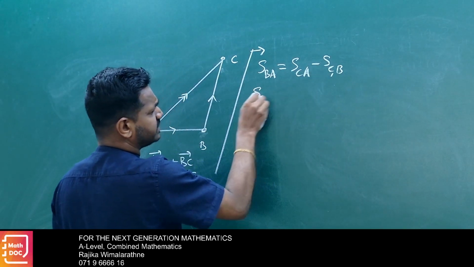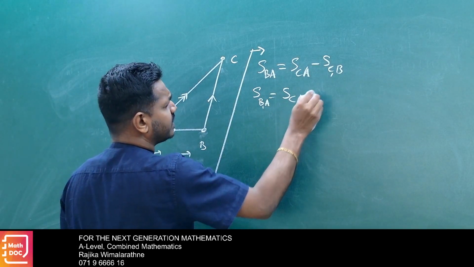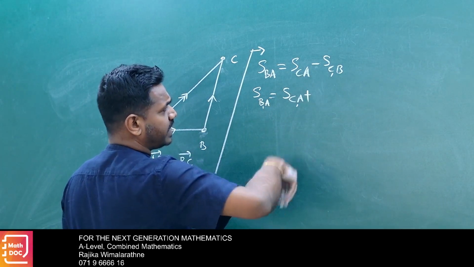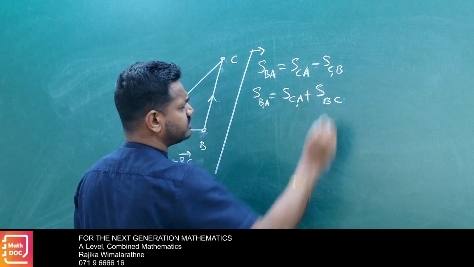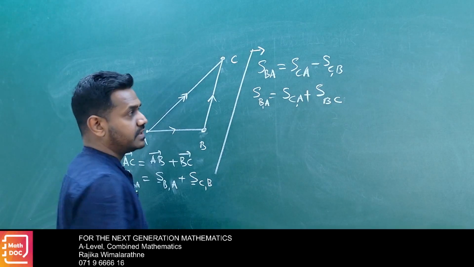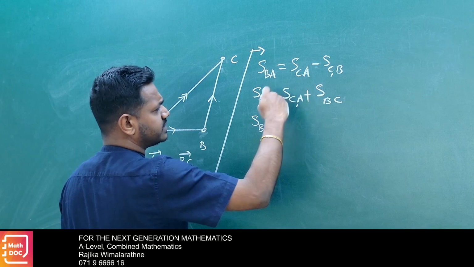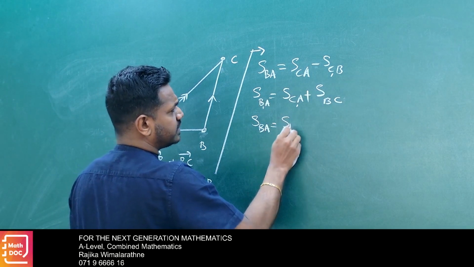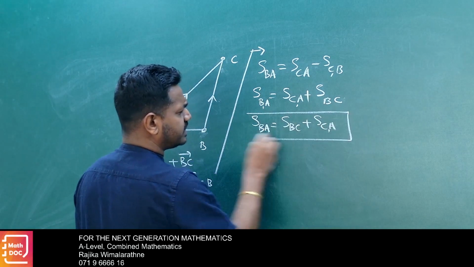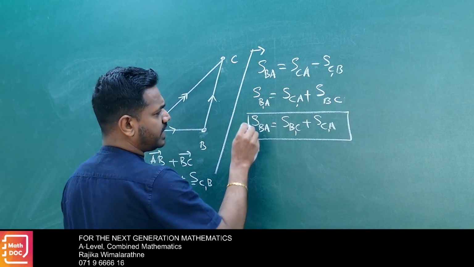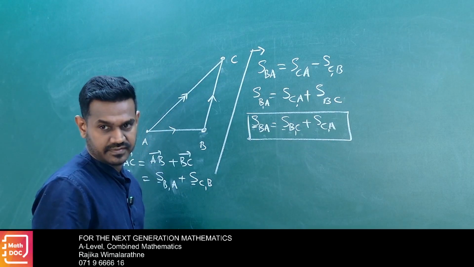We know the notations. Here the minus can be changed to plus by interchanging these two, S_BC. So I write S_BA equals S_BC plus S_CA. This is called the relative displacement theorem.